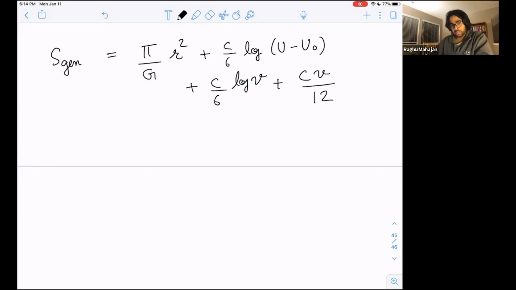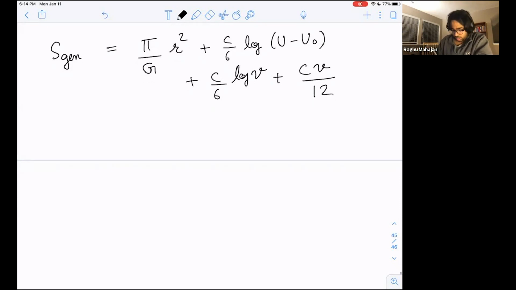Okay, but there is a relationship between little r and capital U and little v. And that is capital U times e to the little v is capital UV. And this vanishes at the horizon. This is equal to negative of r minus rs times rs, roughly speaking. This is the relationship.